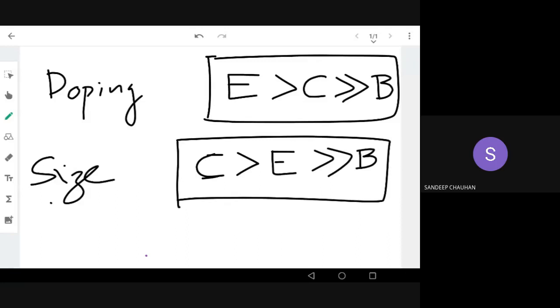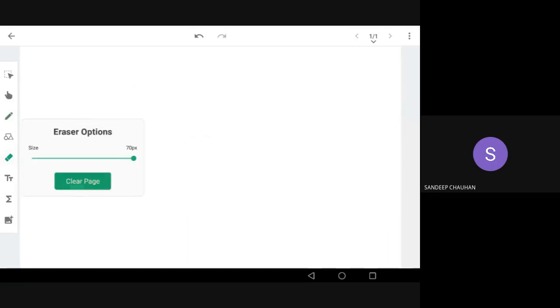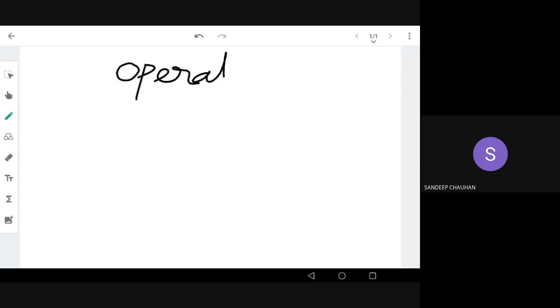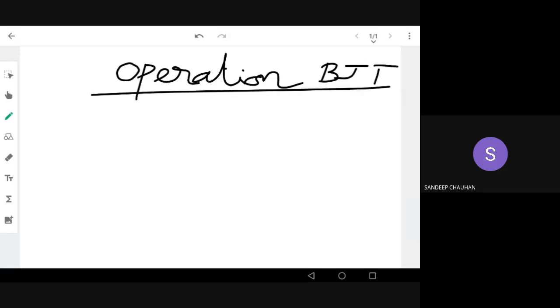Now I'll tell you another thing: the three different operating regions of a transistor. So operation of a transistor, operation of a BJT. Let's focus on the BJT, the bipolar junction transistor. Okay, there are three main regions. The first region I call the active region.